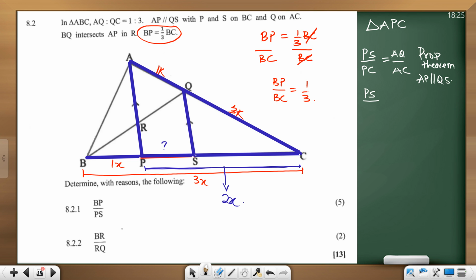Do I know my PC? 2x. Do I know AQ? 1k. Do I know my AC? 4k. Now the k cancels out, right?